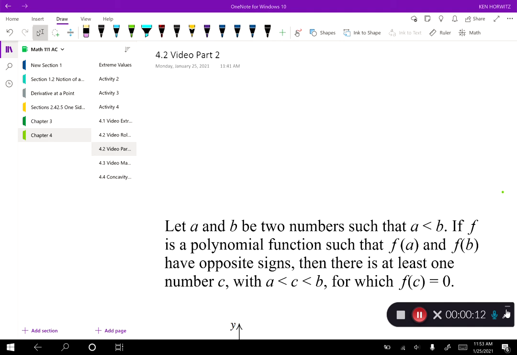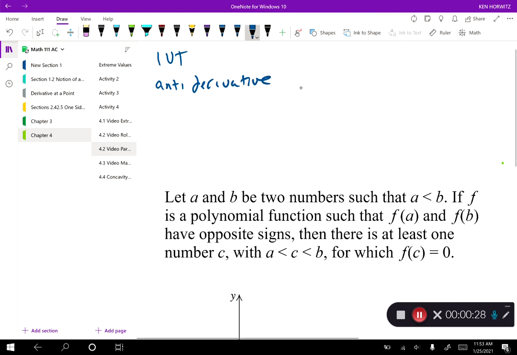All right, the first is the intermediate value theorem, or we can call that IVT, and the antiderivative. Now, the intermediate value theorem, let's see what it says.